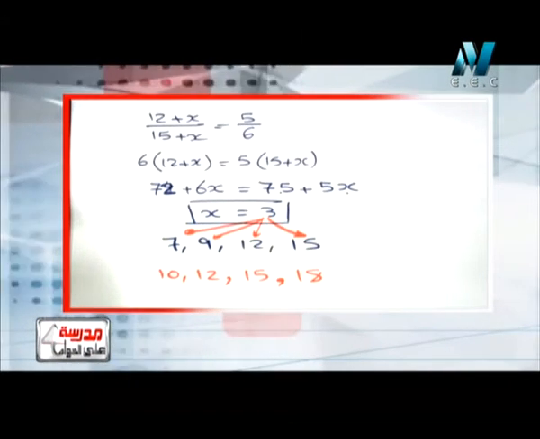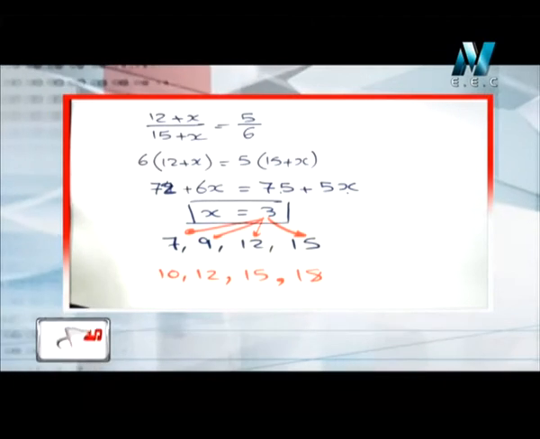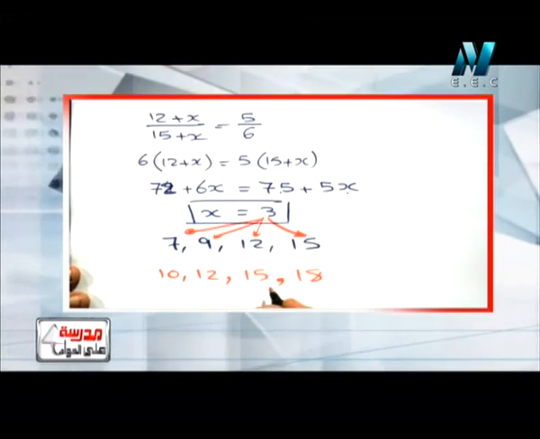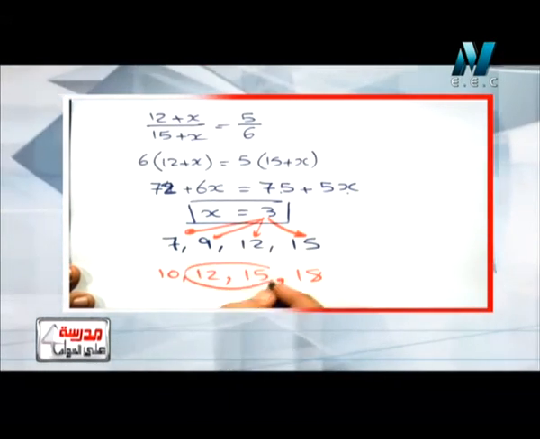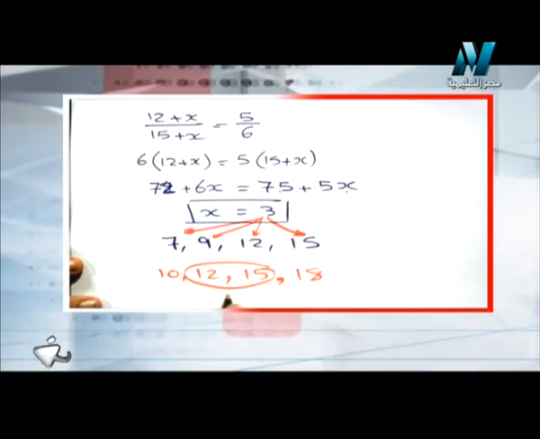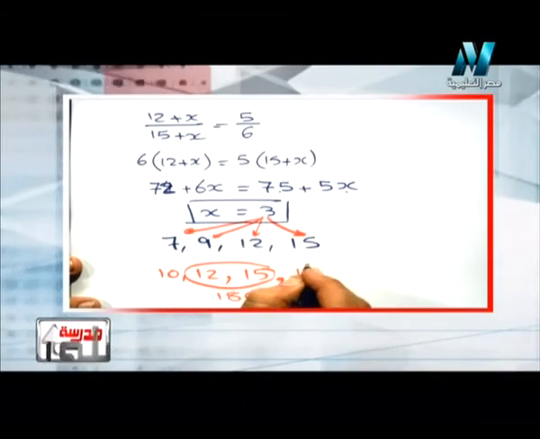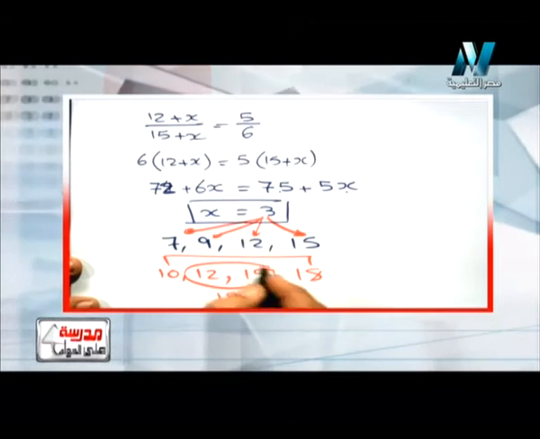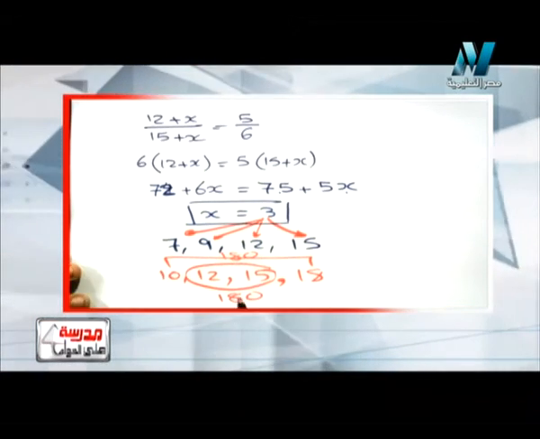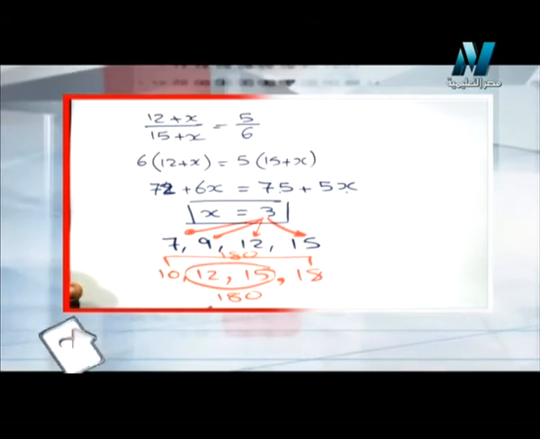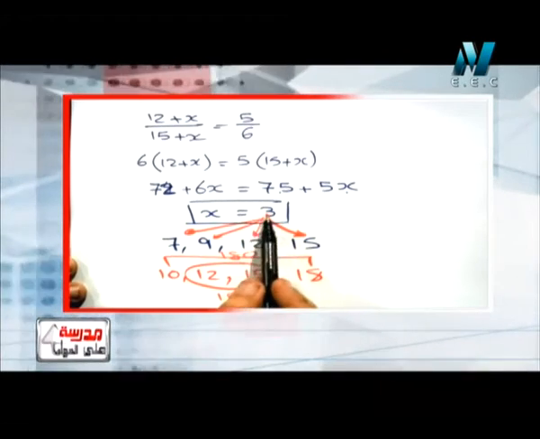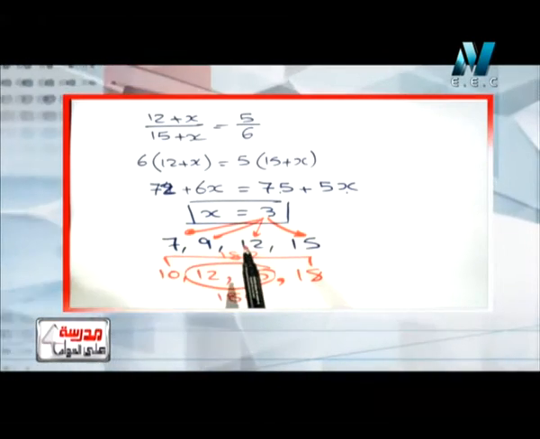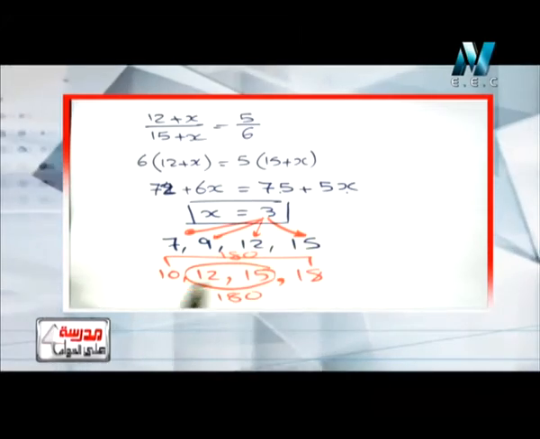The product of means, 12 times 15, is 180, and the product of extremes will also be 180. So this is a proportion, because 3 is the number that we add to 7, 9, 12, 15 to form this proportion.